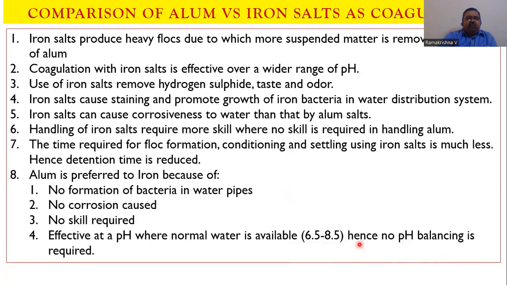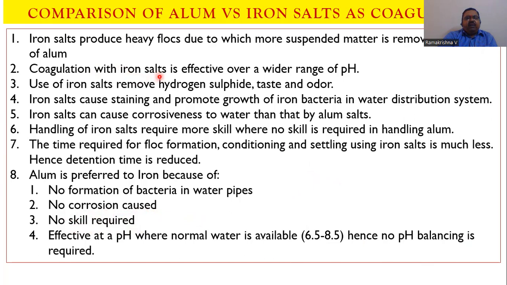The sludge formed is slightly heavier in the iron salts compared to alum. And the iron salts produce some amount of corrosion in the pipes which are carrying the water. So alum is preferred because there's no corrosion and no additional skill. Additional skill means pH balancing, and such things are not required here.